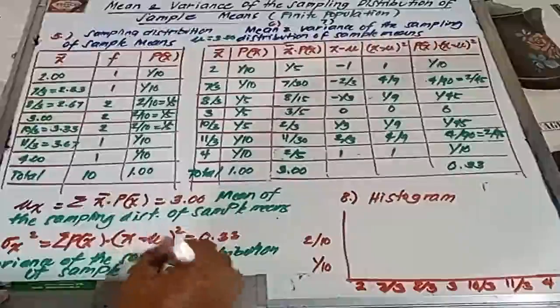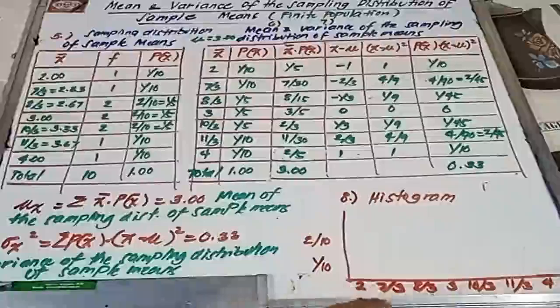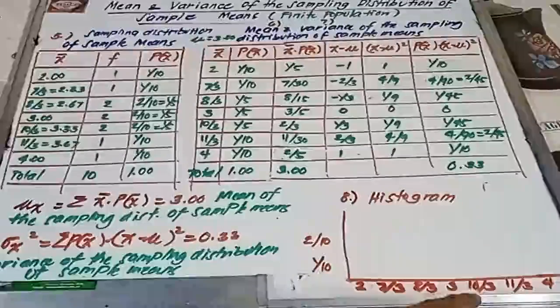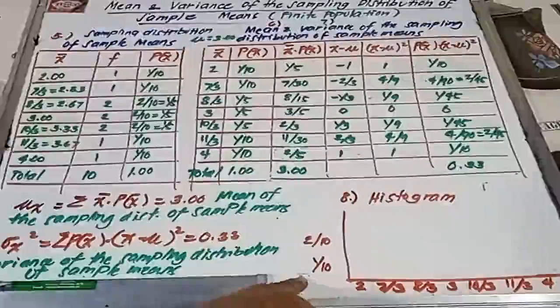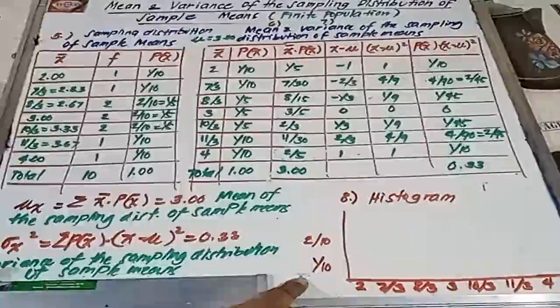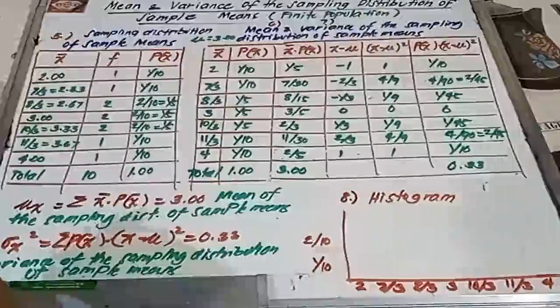And the last step is we're going to construct the histogram. Okay? We have 2, 7/3, 8/3, 3, 10 over 3, 11 over 3, 4. Ito yung mga sample mean. At ito yung ating probability of the sample mean. So we have 2, 1 over 10. Isa lang ang frequency nun.